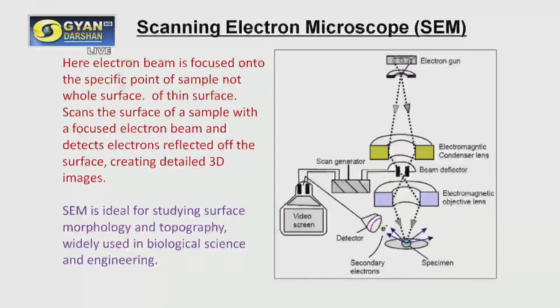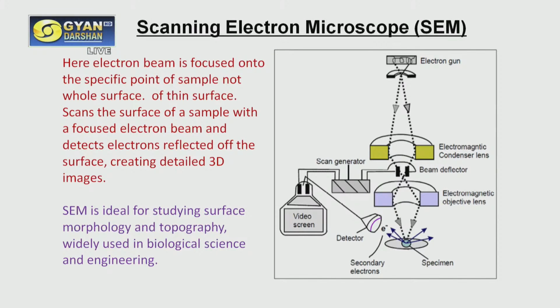So the scanning electron microscope is ideal for the study of the outer layer of the biological specimen, the outer layer of the cells.